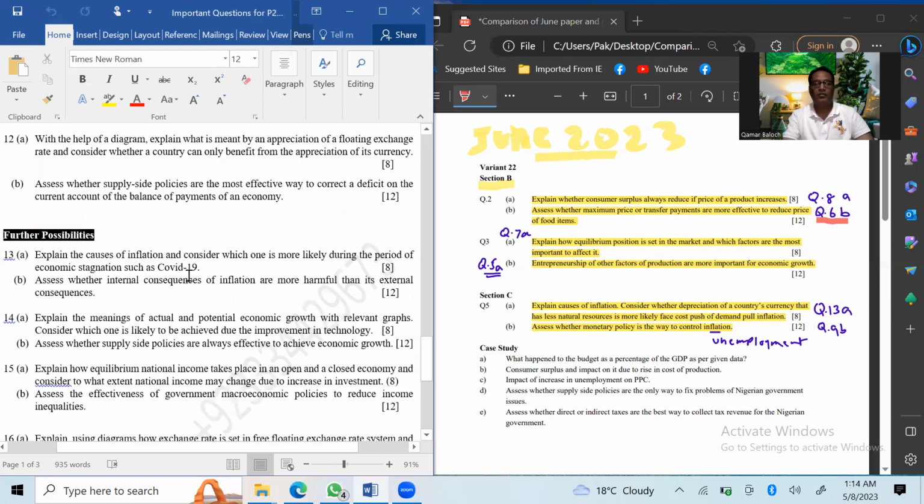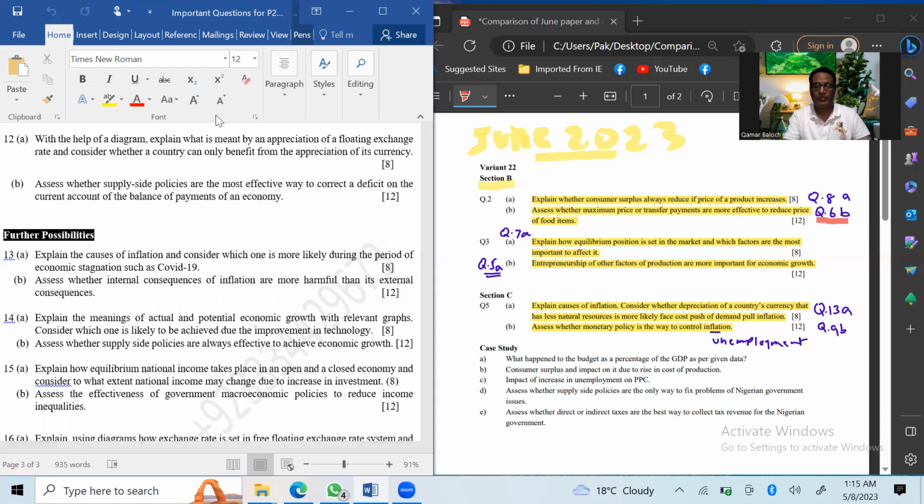Explain the causes of inflation and consider which one is more likely during the period of economic stagnation, such as COVID-19. So the first part was explain the causes of inflation, and you have to explain demand pull and cost push inflation. And then after the word consider, which one is more likely during the period of economic stagnation.